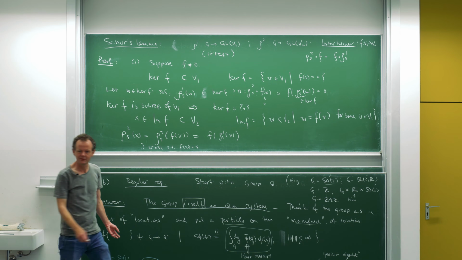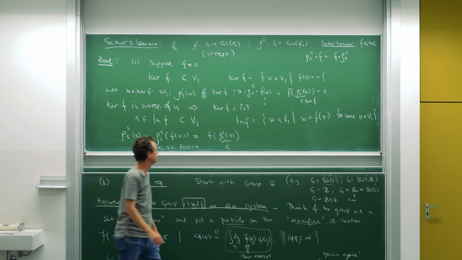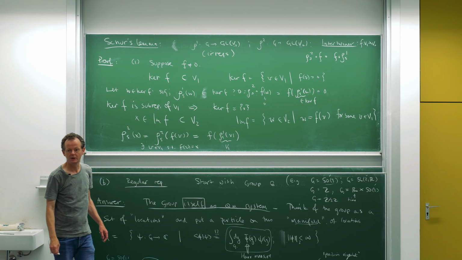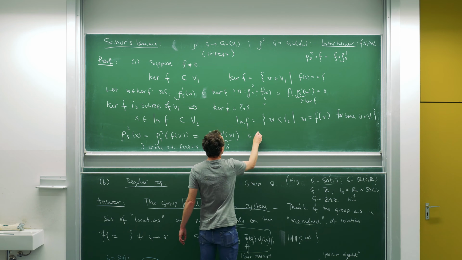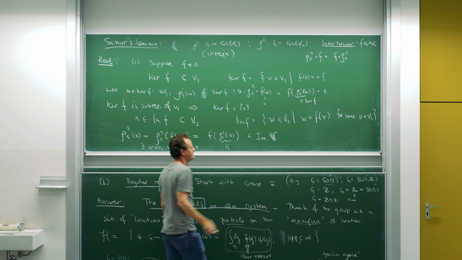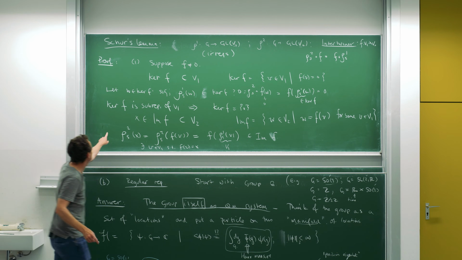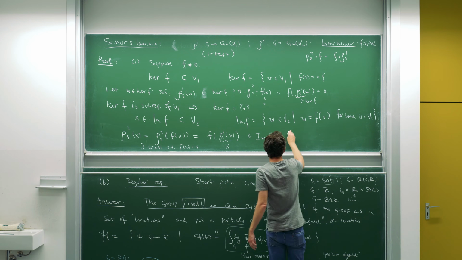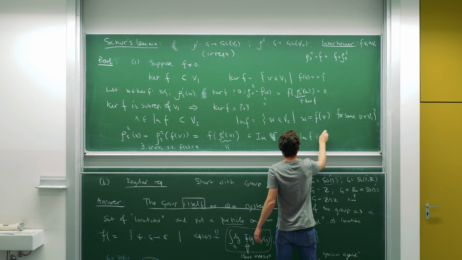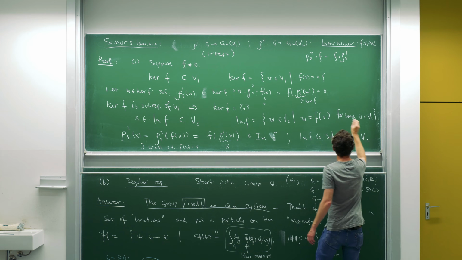But that's a vector in V1, and therefore this thing is in the image, per definition. Oops, the image of f. So we learn that the image of f is a subrep of V2.